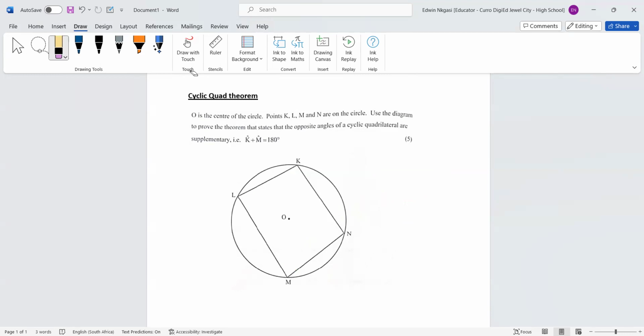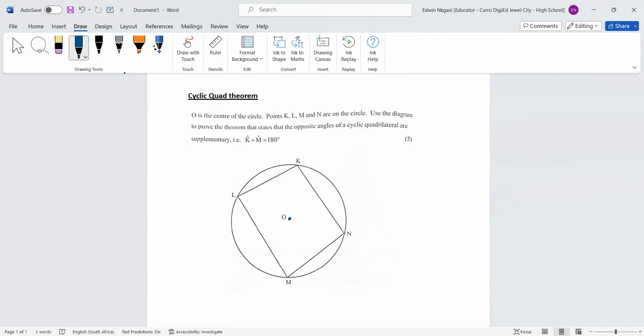So what is it that we are required to prove? The information is as follows. O is the center of the circle, as you can see there. And points K, L, M, and N are on the circle. So those are points on the circumference.